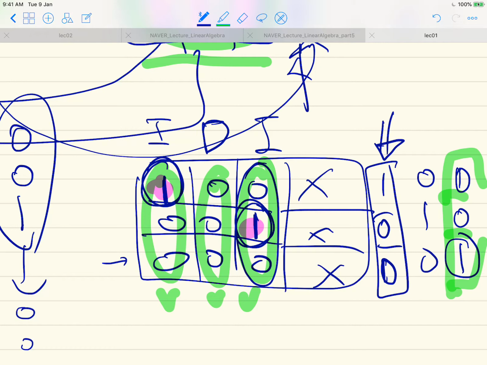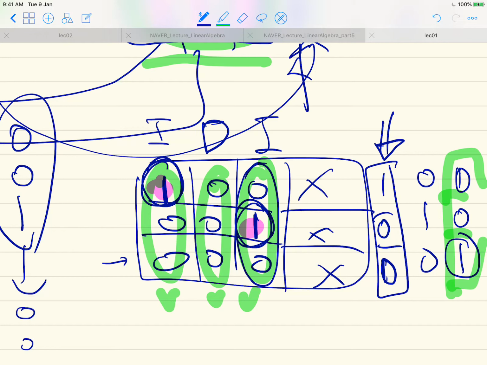And so when some columns are linearly dependent, it means we don't have a pivot in the corresponding column, and if we have a 3 by 3 matrix, then the total number of pivots will be certainly smaller than 3. So here we have 2 pivots, which is strictly smaller than the number of columns, or 3, right?